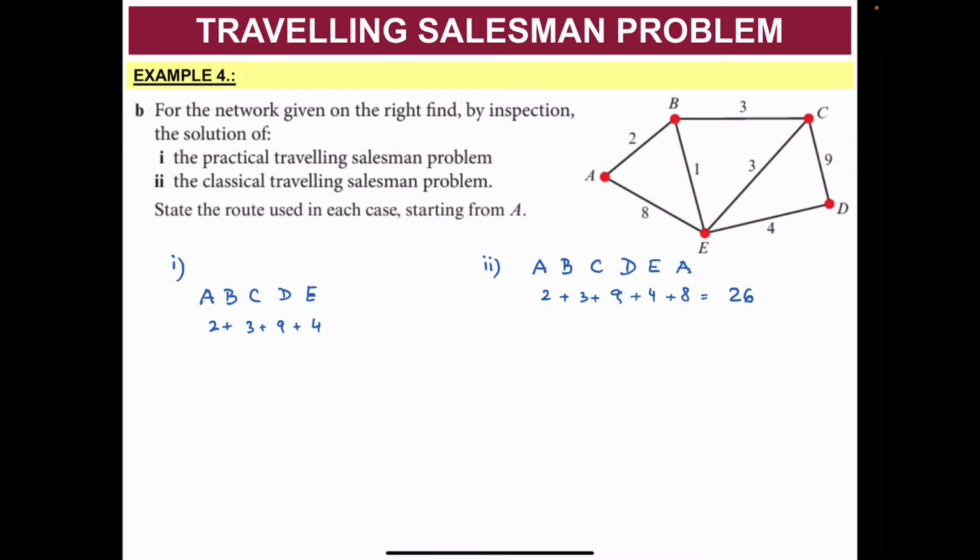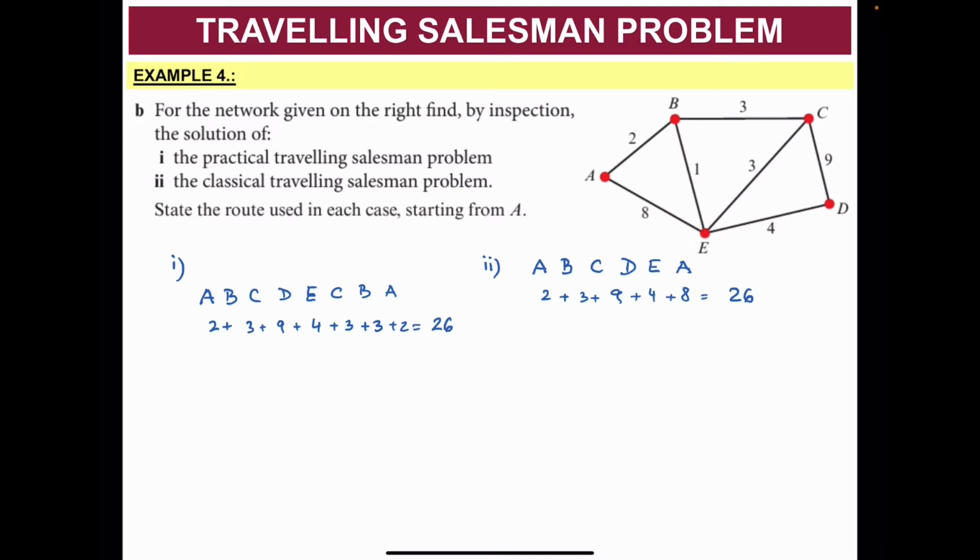Then I come back to C, that's 3. Then I go back to B, that's another 3. And then I go back to A, that's another 2. So together it gives me 6, 12, 21, 24, again 26. So in this case, I didn't improve my distance.